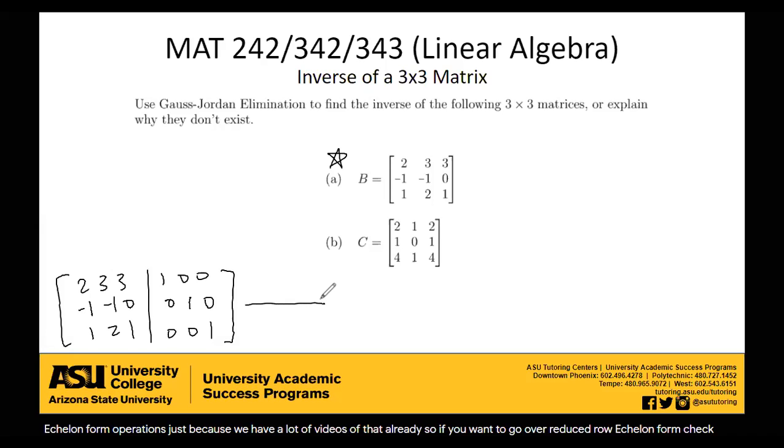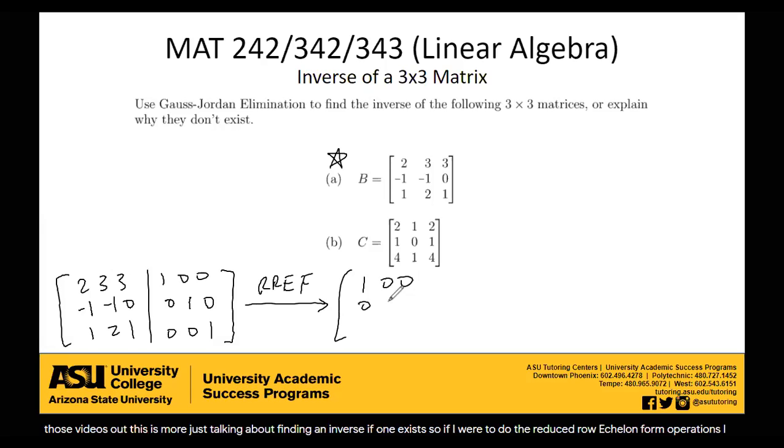So if I were to do the reduced row echelon form operations, I would end up getting this matrix on the left and this matrix on the right. And 1/2, 1/2, -1/2.